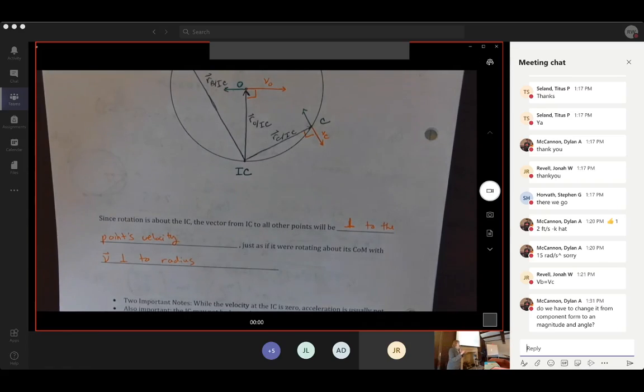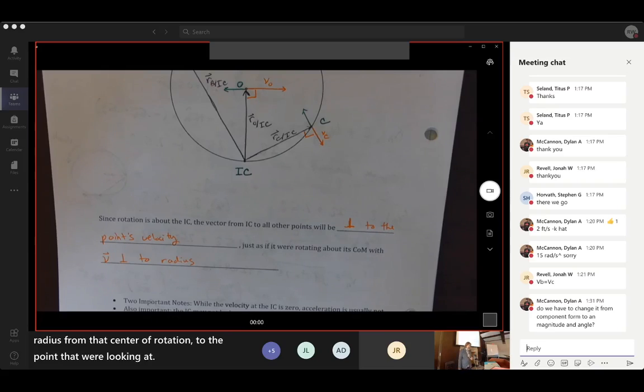Okay, so if we have a wheel or a gear that's not in contact with the ground, it's just rotating about the center, our velocity of every point is perpendicular to the radius. When we move that center of rotation somewhere else, our velocities are perpendicular to the radius from that center of rotation to the point that we're looking at.